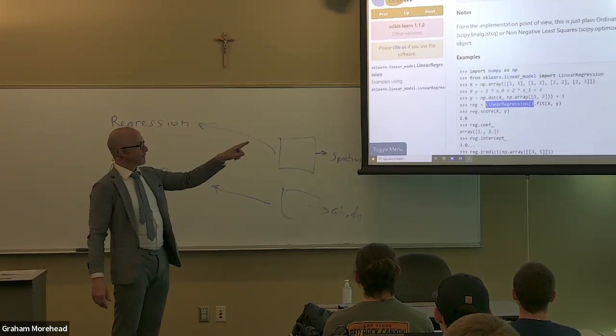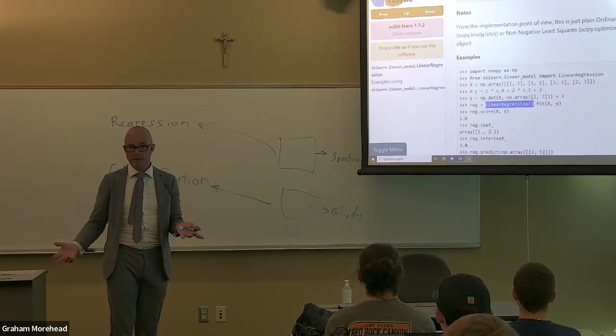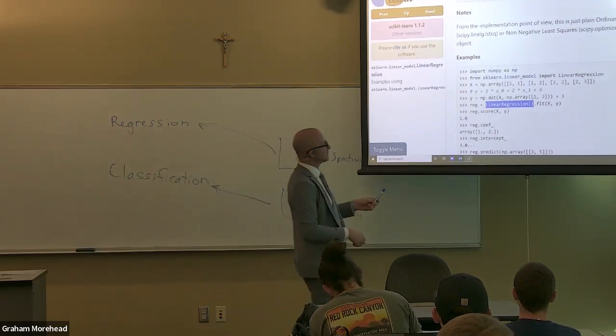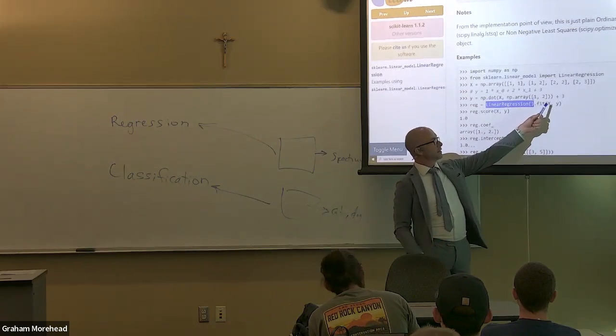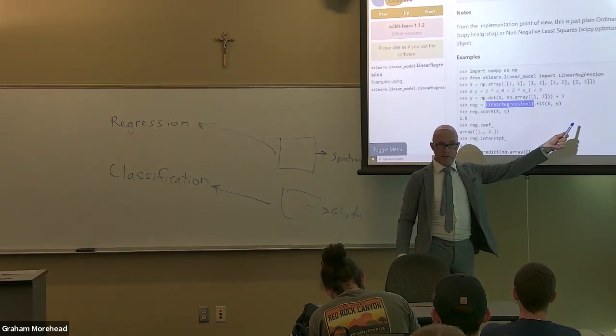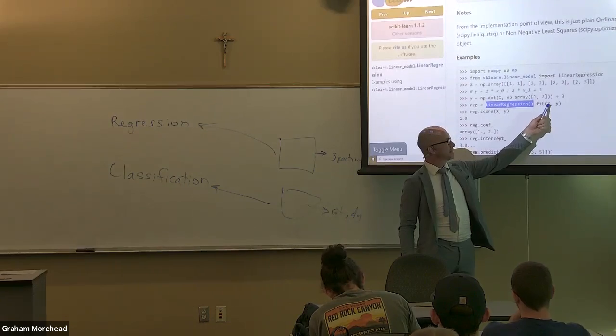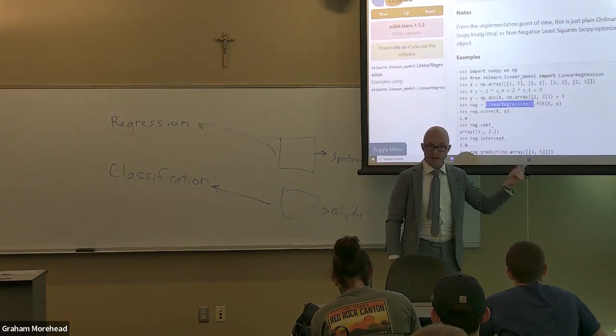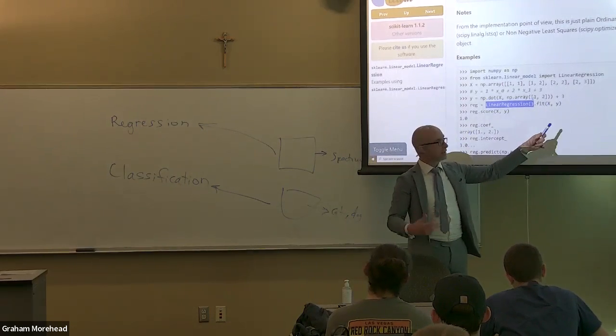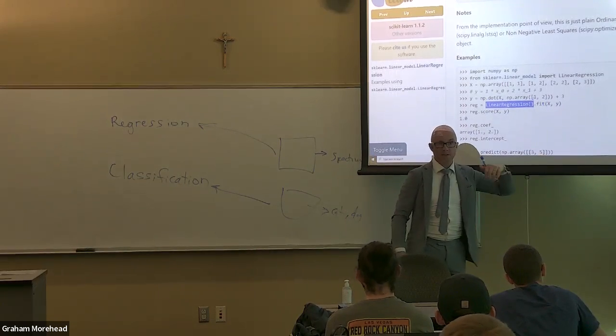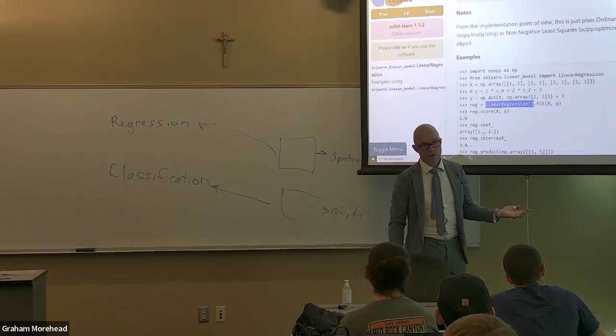Now, the fit function is basically training. So what you'd be passing into it is the training X and the training Y. X here is capitalized because it's a list of vectors, and Y is not capitalized because it's a list of output numbers.